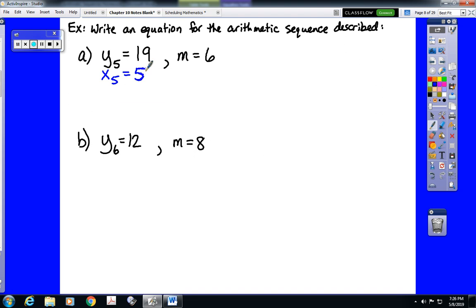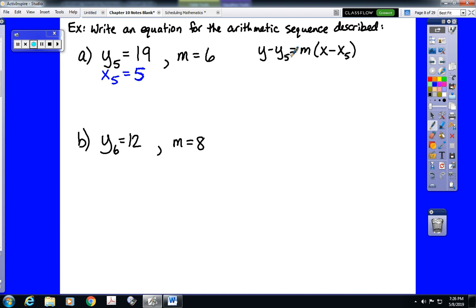Okay, so we have everything that we need to write an equation. y minus y1 equals m times x minus x1. Well, here's the thing. x1, y1 is any point on the line, which we should all know from Algebra 1. So what we're going to do is take out the 1's and put in 5's, because we know x5 and y5.